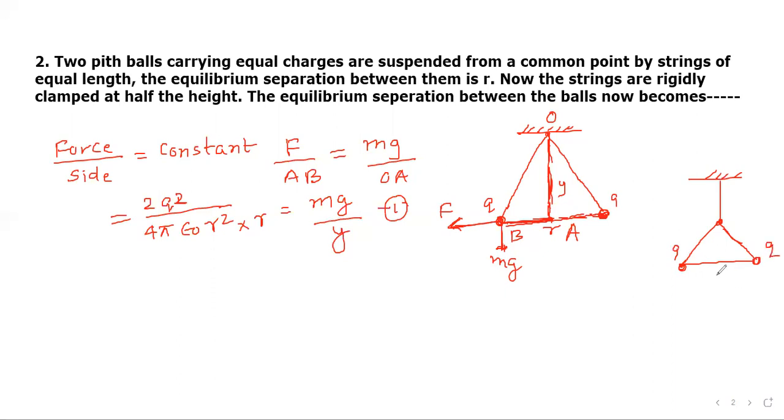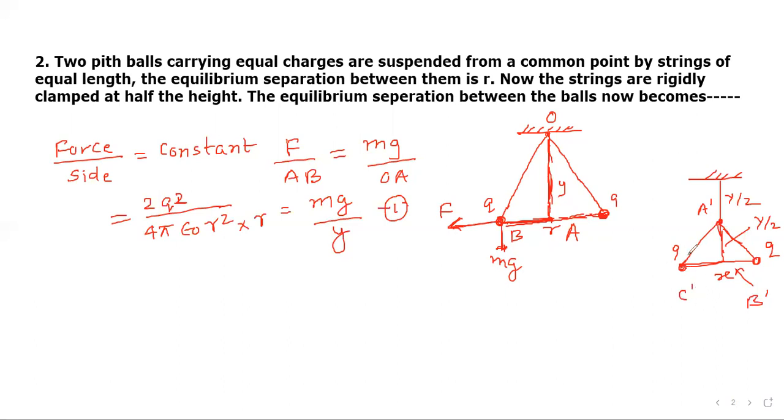This time suppose the separation is x, so this height will be, if this is y by 2, this will also be y by 2. Now suppose this point is A dash, this point is B dash, this point is C dash.